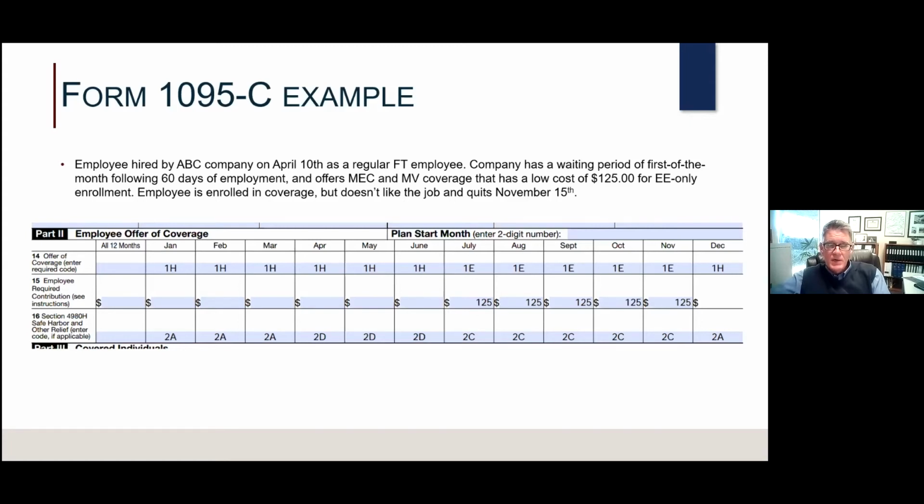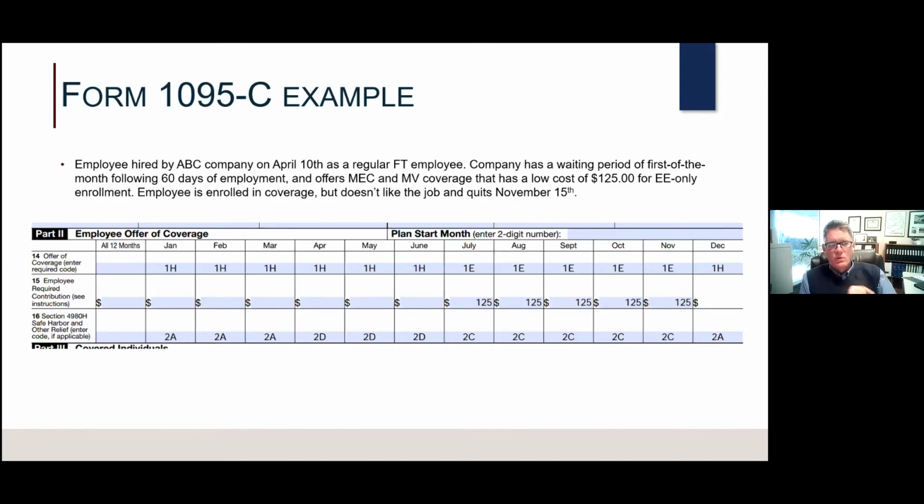One comment about the cost of coverage is that the only information the IRS is concerned about is what it would cost for the employee only to enroll in the cheapest possible option for just employee medical. You may offer a bronze, a silver, and a gold plan, and the bronze is the least expensive, but the employee picks the gold and pays for the gold.